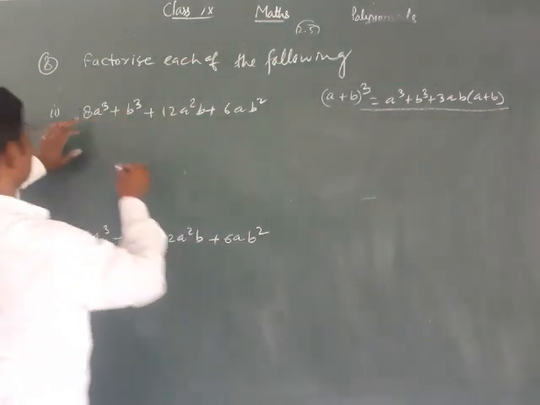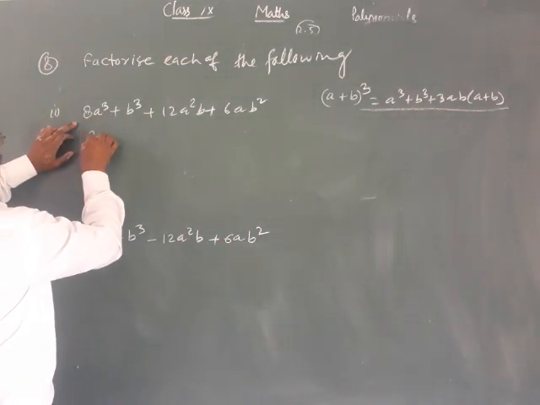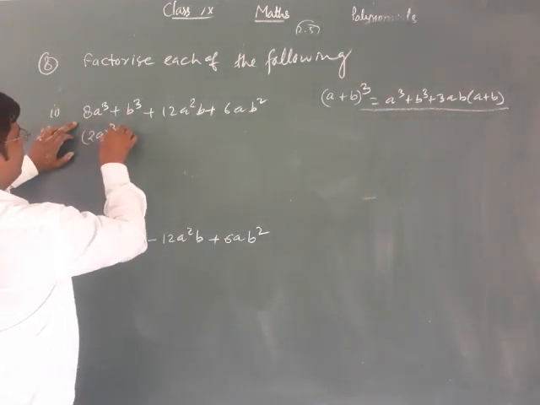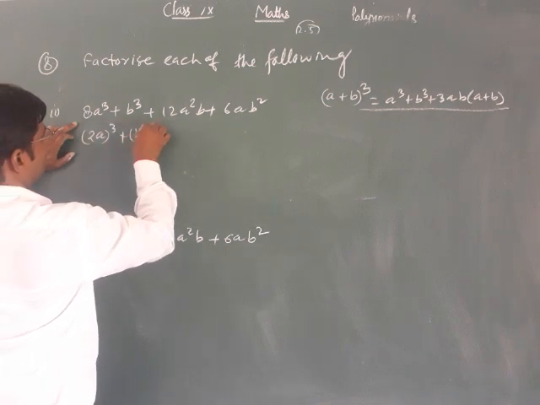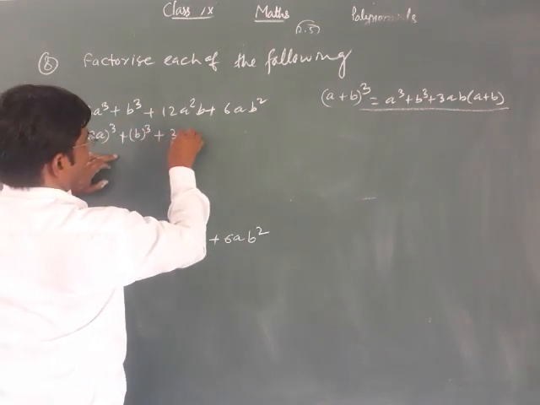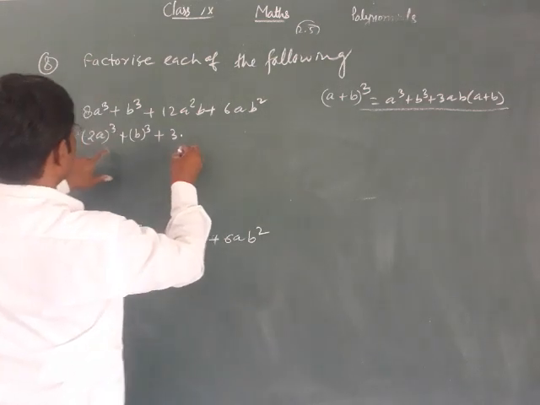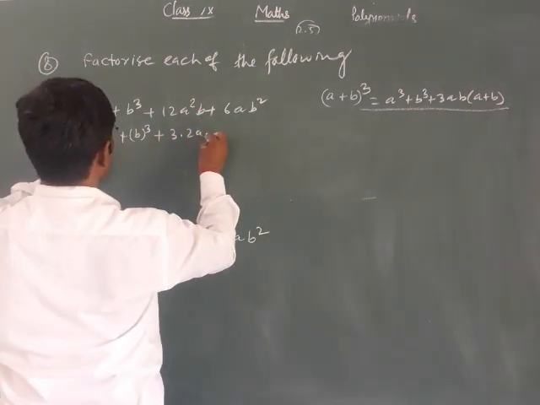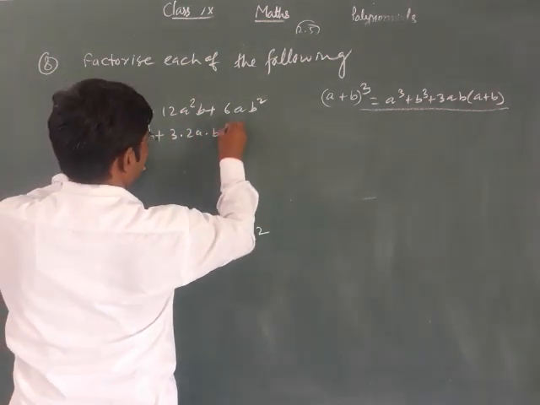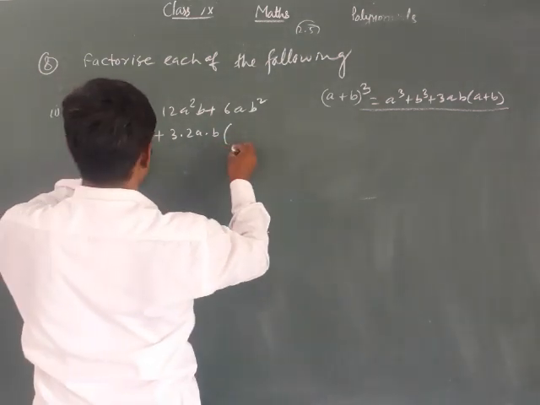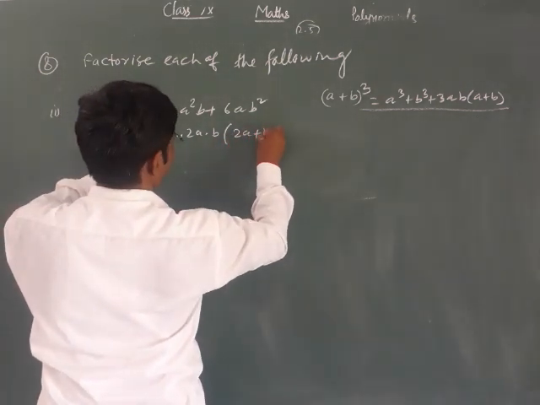This is also used here. So (2a) whole cube plus b cube plus 3 times a into b, a for 2a and b for b, in bracket (2a plus b).